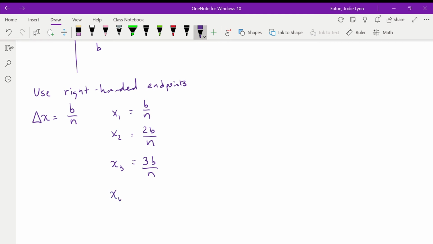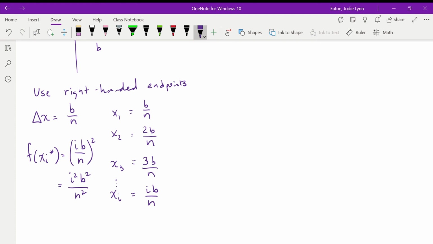So our xi, and keep going, is going to be ib over n. So f of xi star, so if xi star is ib over n, f of xi star, we're squaring ib over n, is (ib over n) squared, which we can rewrite as i squared b squared over n squared. Okay.